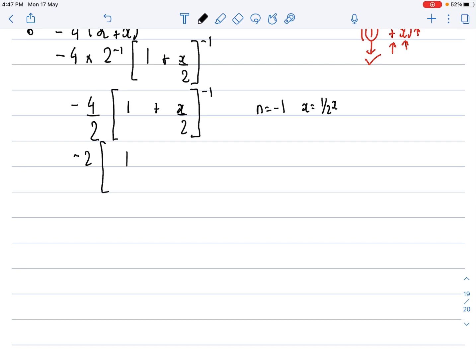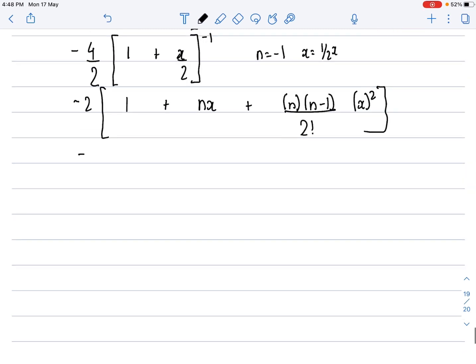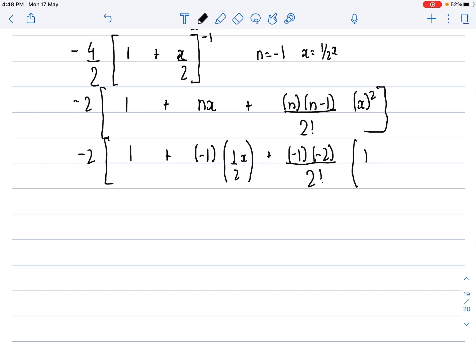I know my formula is 1 plus nx plus n into n minus 1 over 2 factorial into x squared. So now I can simply write this as minus 2 into 1 plus minus 1 into half x plus minus 1 into minus 2 over 2 factorial, half x the whole square.